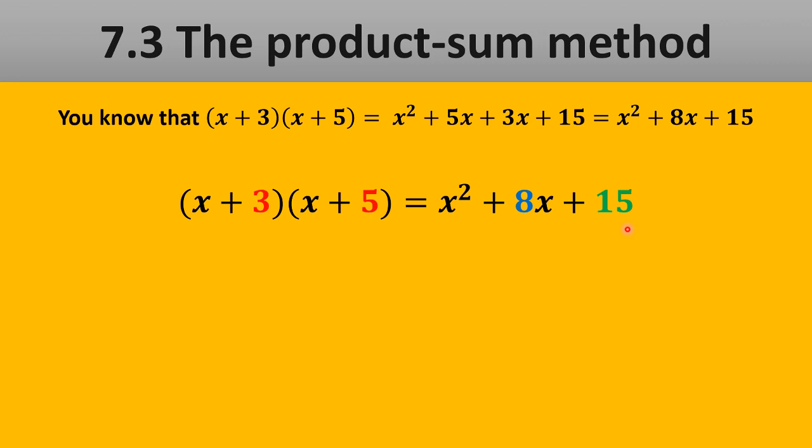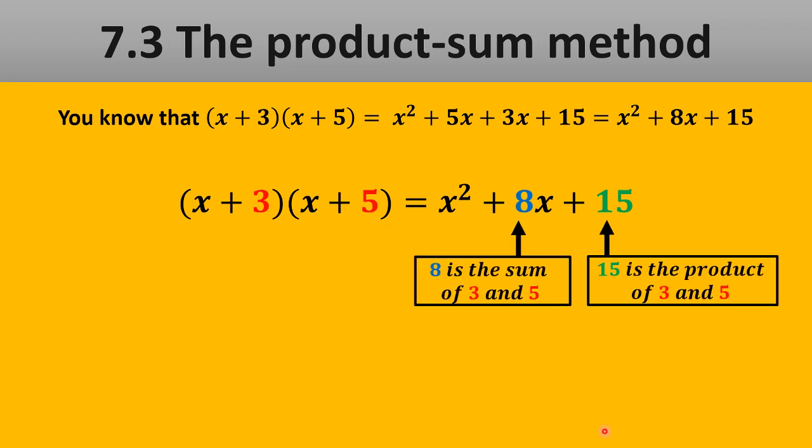Well, if you take a quick glance, maybe you found that the blue number is the sum of 3 and 5, and the green number is the product of 3 and 5. Hey, sum, product. That's also in my name, right? They call it the ProductSum method.